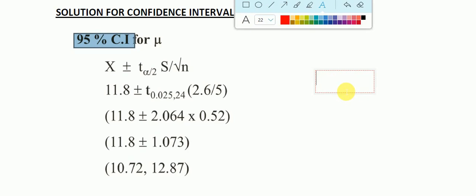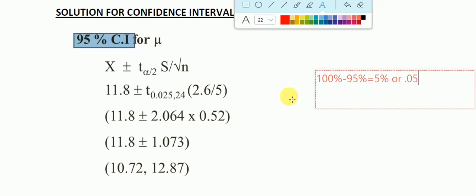If we subtract the level of confidence from 100, if it's in percentages, we get the value of level of significance, which over here is 5% or 0.05, because 5% means 5 divided by 100, which comes out to be 0.05. Now we have to calculate t alpha by 2, because the formula asks us to do so.